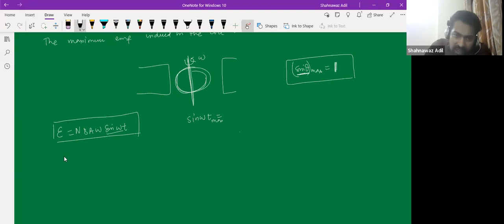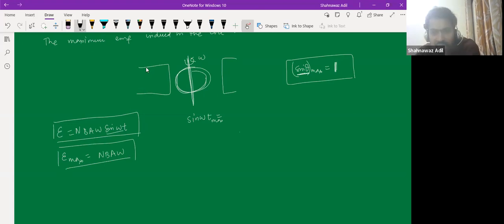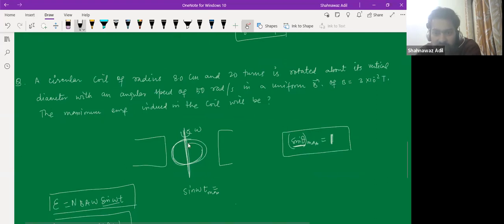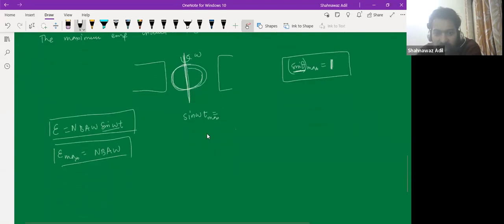So if we are calculating E max, then N, B, A, omega are constants, so the maximum EMF would be N B A omega. Now every value is given. N is given, B is given, and the area, since it is circular, would be pi r square.